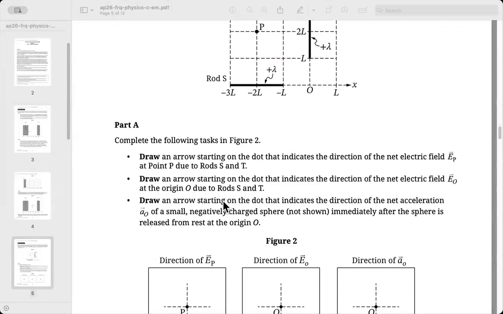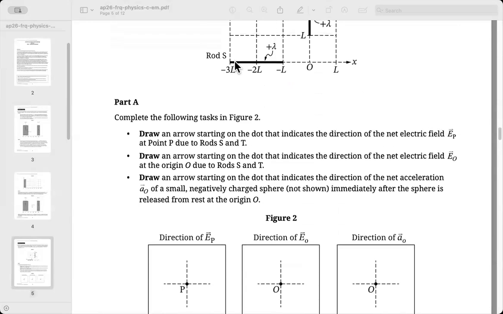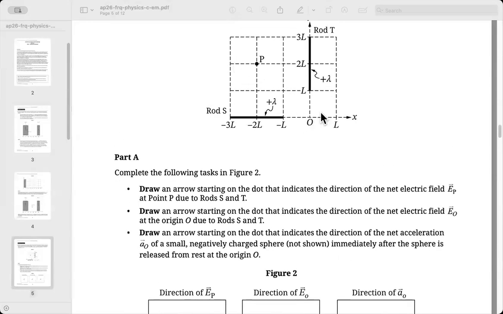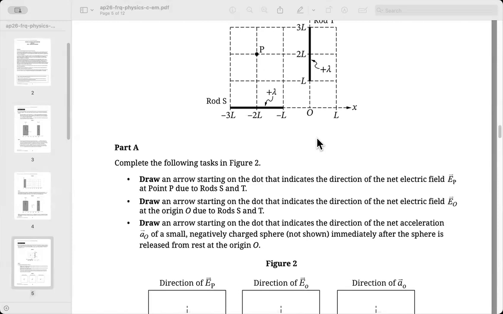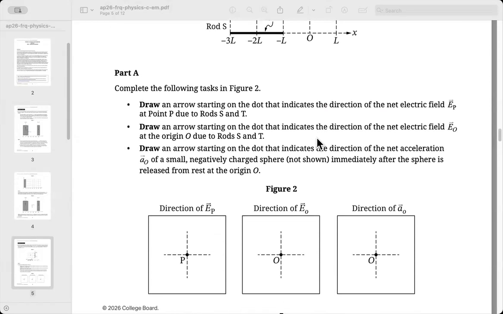Draw an arrow starting on the dot that indicates the direction of the net electric field at point P. That's not too bad. Then the net electric field at the origin, also not too bad. And then draw an arrow to indicate the direction of acceleration of a negative charge at the origin. Also not bad.